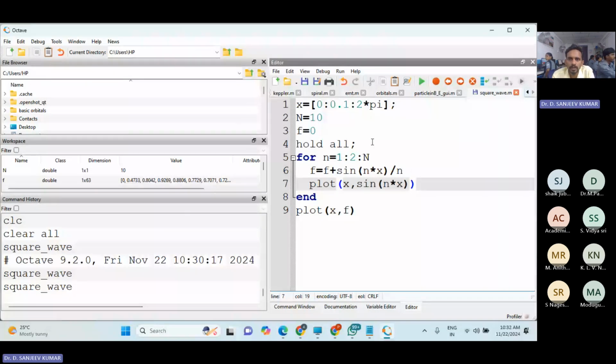So I'm holding all, and I'm plotting the individual waves that I'm considering in this summation.